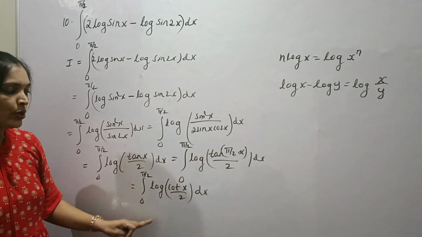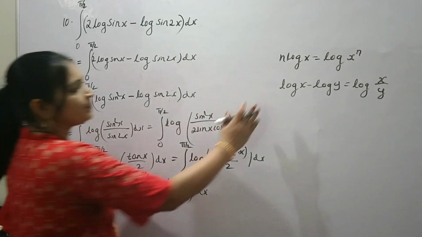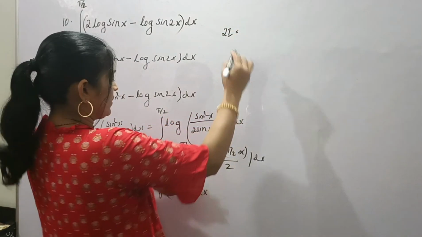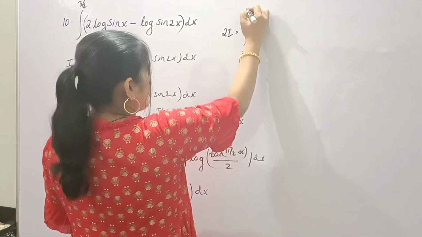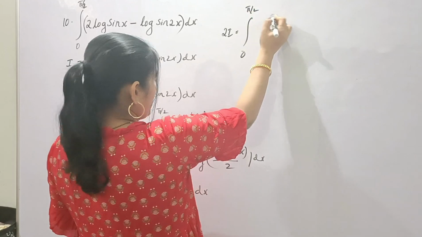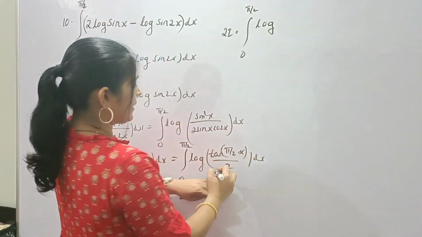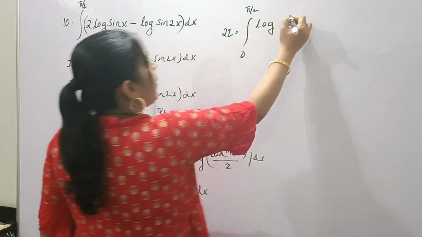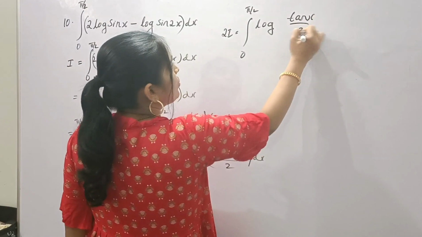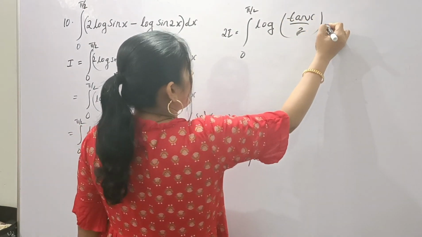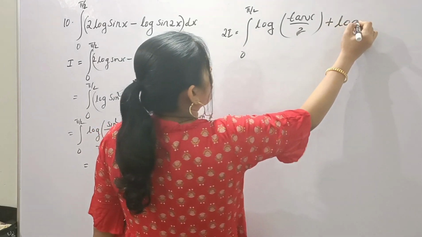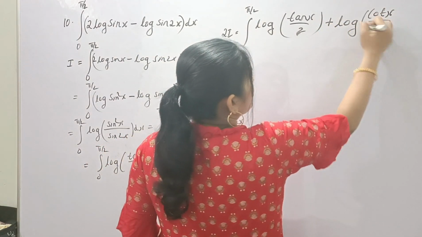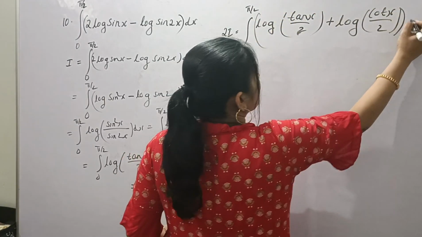When we add these two integrals, I plus I, 2I is equal to integral 0 to pi by 2 log of tan x by 2 plus log of cot x by 2 dx.